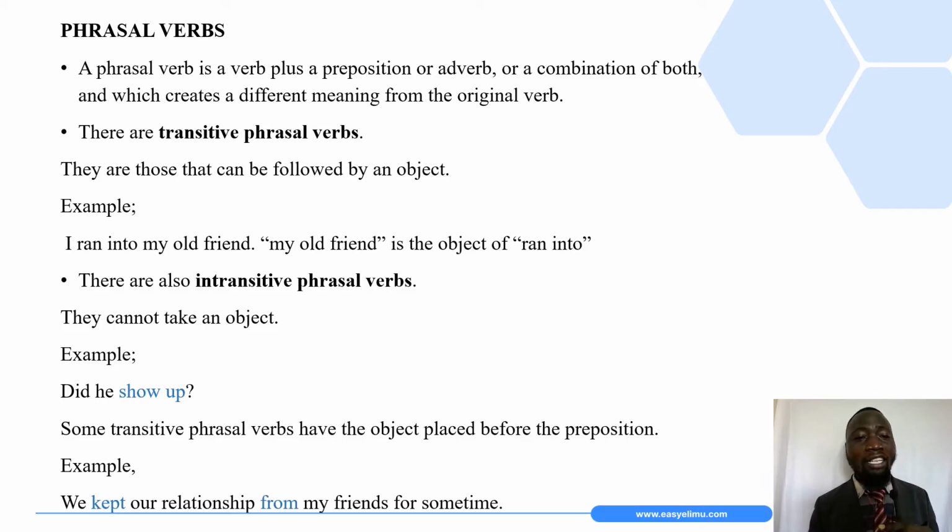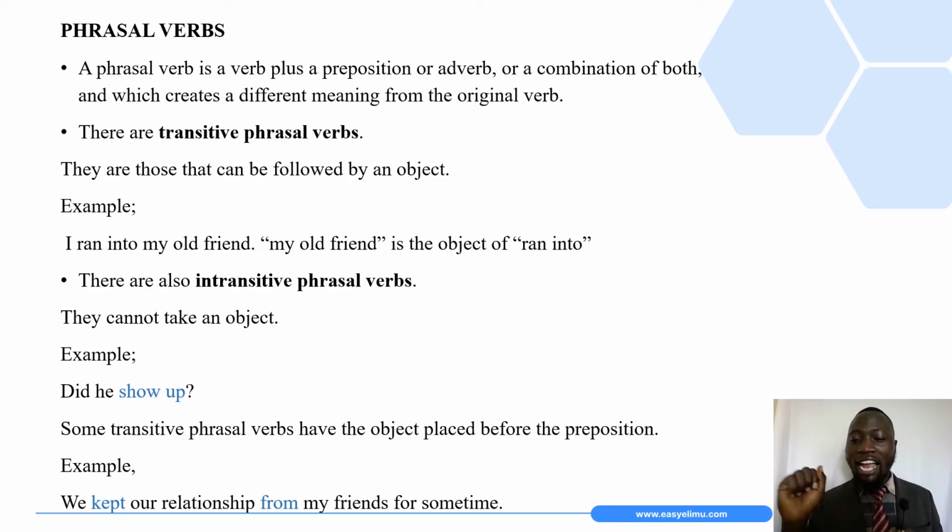Talking about transitive phrasal verbs, allow me to take you back to a lesson on transitive and intransitive verbs. In our previous lesson, we learned that transitive verbs are verbs that are followed by a direct object.